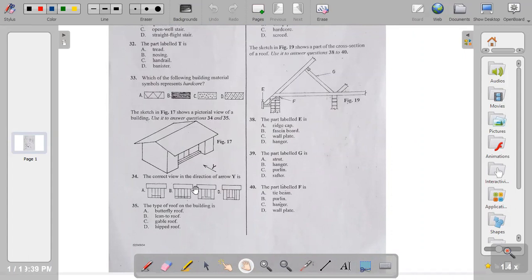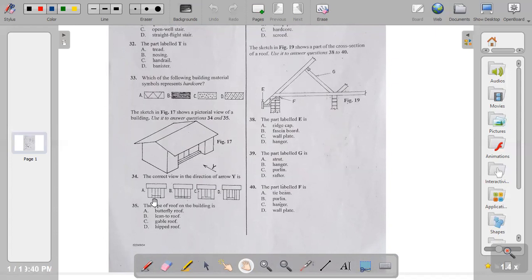The correct view in the direction of RY is, now look at direction RY. When you're looking towards this direction, you see 1, 2, 3 rectangles that are inside. Then you also see 2 lines showing the step that is here. So let's see which one looks like this.